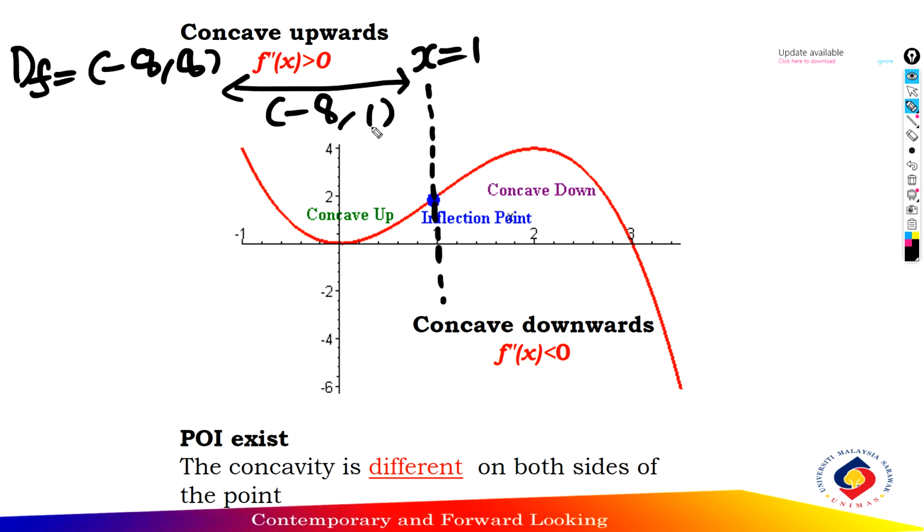Okay, you check the concavity of the function. So the graph here is concave up between negative infinity and 1, and the sign of the second derivative here is greater than 0, so here you put the positive sign.